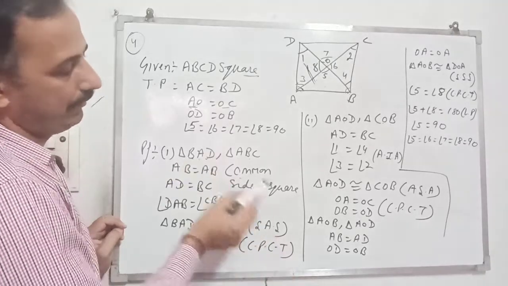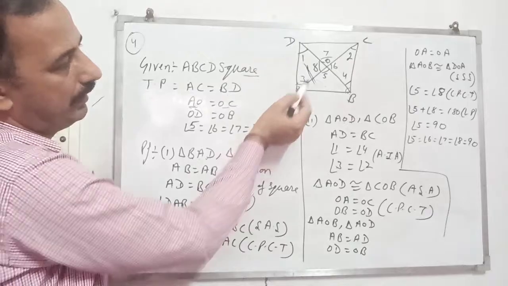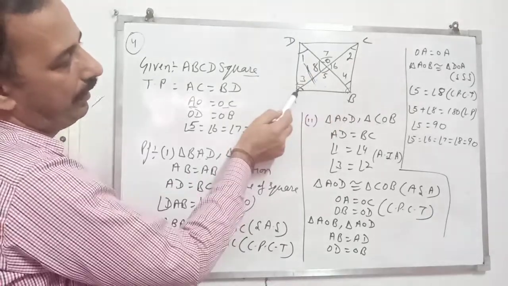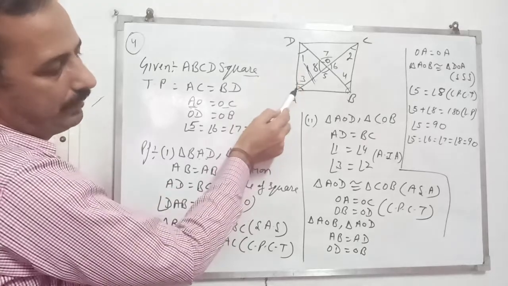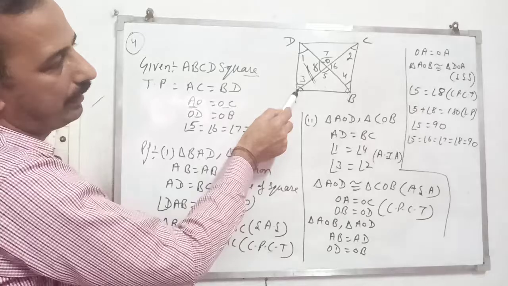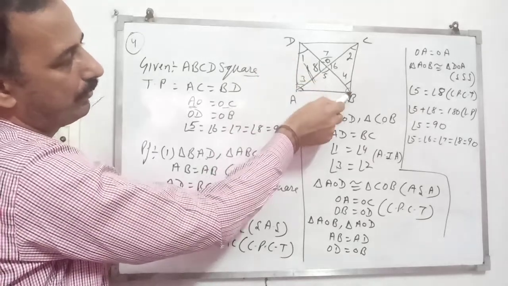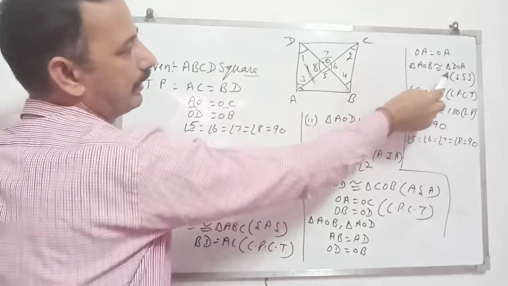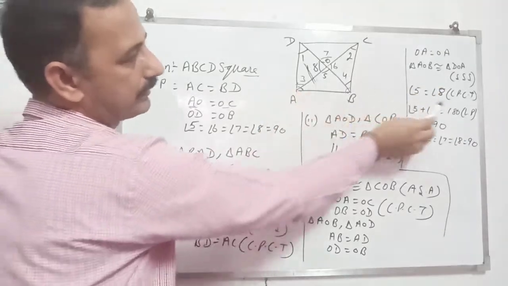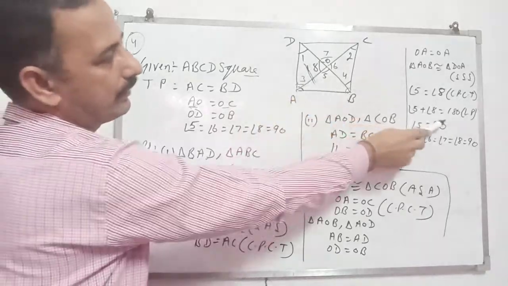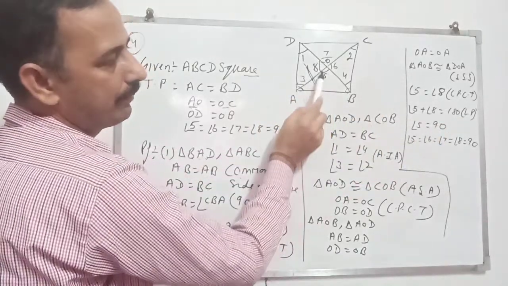So in the third part we use other triangles, that is AOB and AOD. Here AB is equal to AD because they are sides of the square. OA is common, right? And OD equal to OB, we have proved already. So these two triangles are congruent. So angle 5 equal to angle 6 by CPCT. But angle 5 plus angle 6 is equal to 180 because of the linear pair.